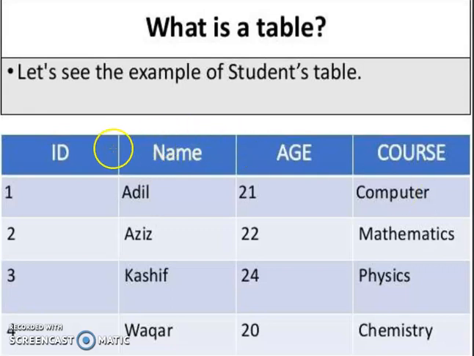That means each row gives the information about the particular student. Attribute or columns. A column stores an attribute of an entity. For example, if details of students are stored, then student name is an attribute, course is another attribute, and so on. So in this column, the attributes of the students are stored.